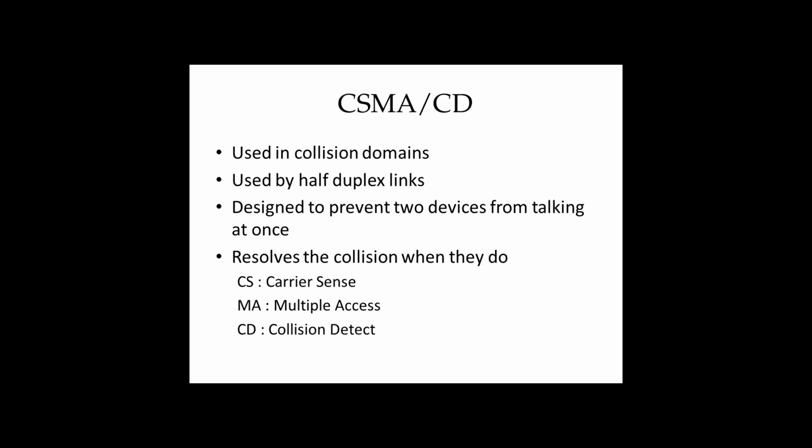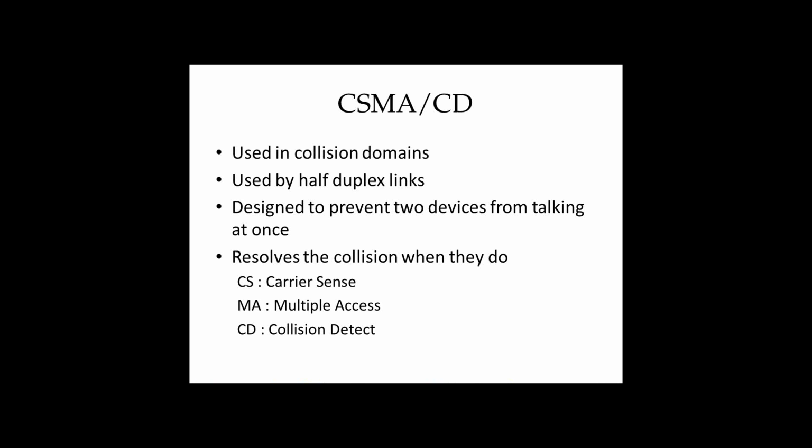So talking about CSMA-CD, what this does is it basically prevents two devices from talking at the same time on this network segment. CSMA-CD is obviously an abbreviation. It stands for Carrier Sense Multiple Access Collision Detect.